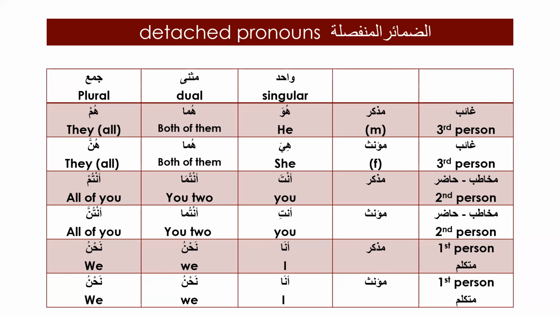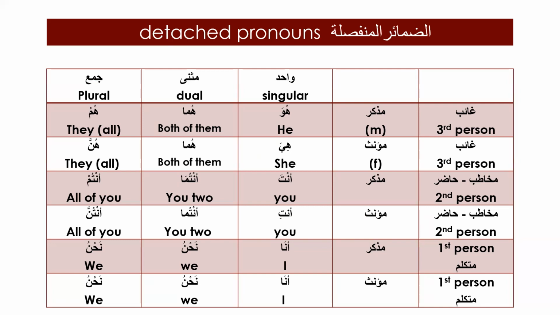And as I mentioned, form 1 is the most basic version of a form, and it is composed of just the root letters.